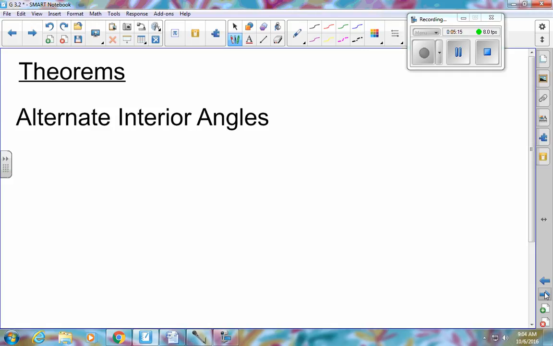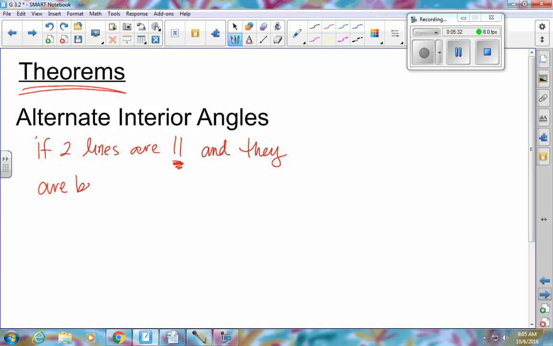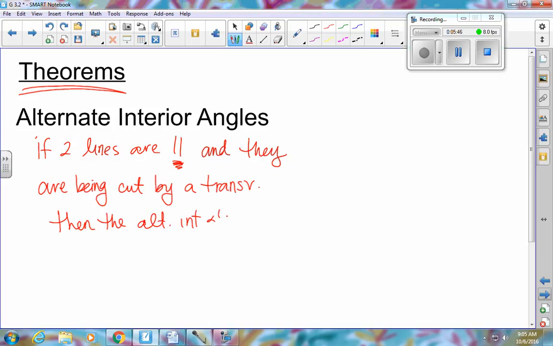So for this theorem, if two lines are parallel, remember this is the symbol for parallel, and they are being cut by a transversal, then the alternate interior angles are congruent.